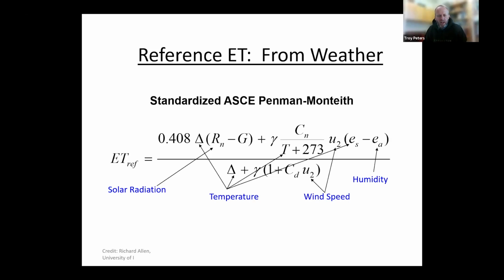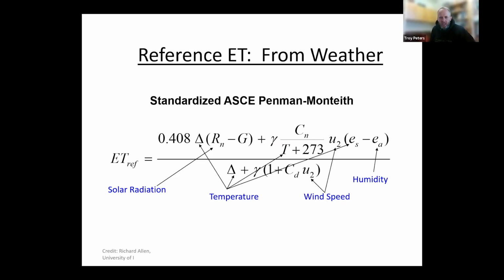The equation keeps track of all the energy coming into the plant surface, and most of that is solar radiation. It also calculates energy from the wind, which can add or subtract energy, and how much it can add or subtract depends on the humidity, the temperature, and the wind speed.